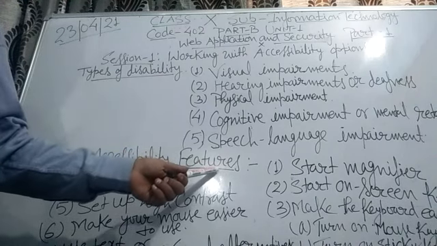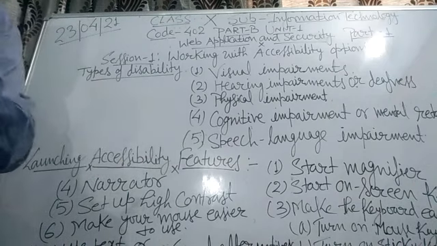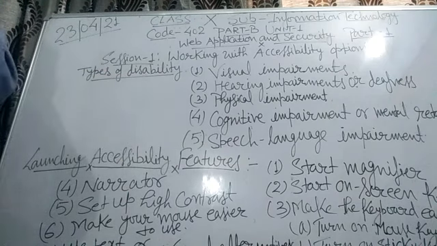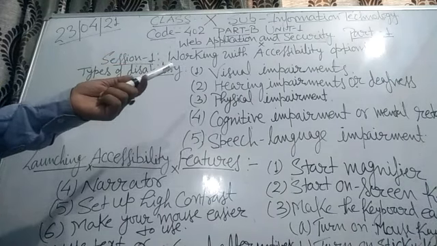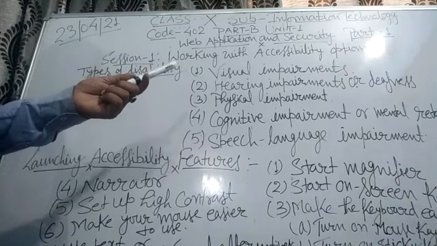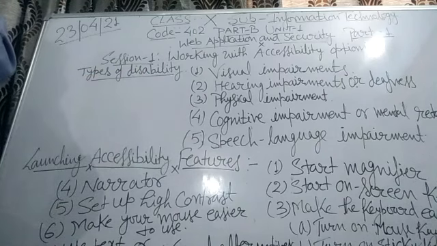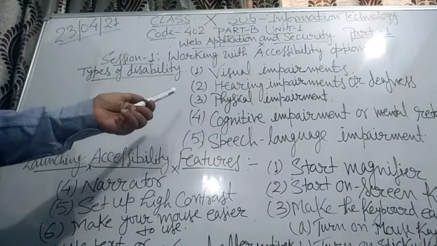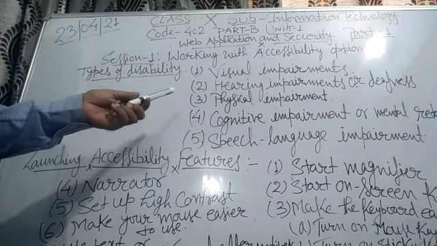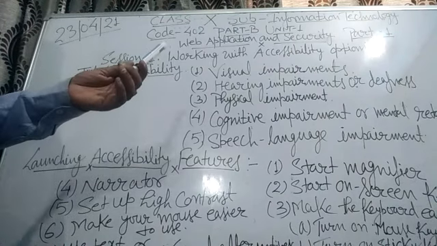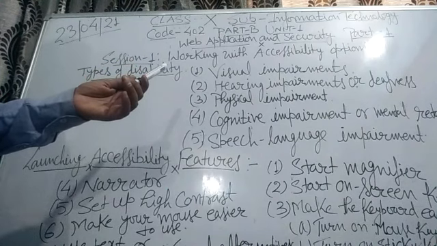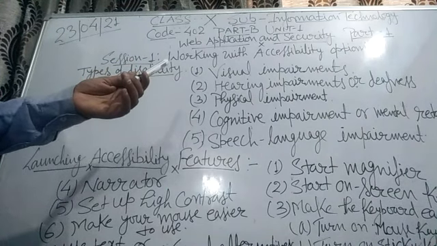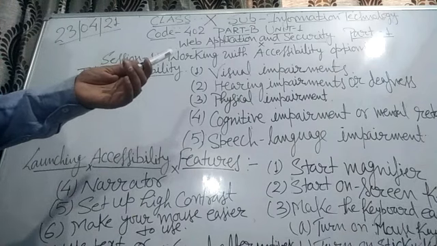Launching accessibility features. The main aim of accessibility features in information technology is to uplift people who are socially disabled or impaired. For example, people with limited hand function may use a keyboard with large keys or a special mouse to operate a computer. People who are visually impaired may use software that reads text on screen in a computer generated voice.